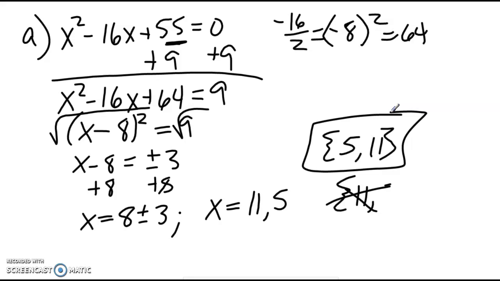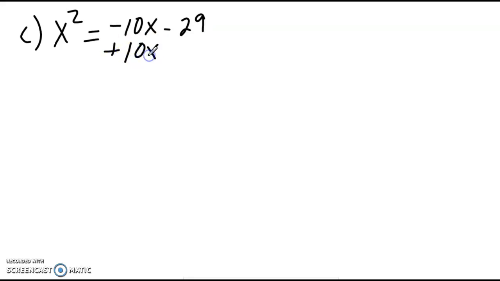Okay, so then the next problem we had, everybody good with this? It was C. And that was x squared equals negative 10x minus 29? Okay, so what I would do then is, the first problem A, we had everything on one side equal to 0. So let's do that. That means I'm going to add 10x to both sides.